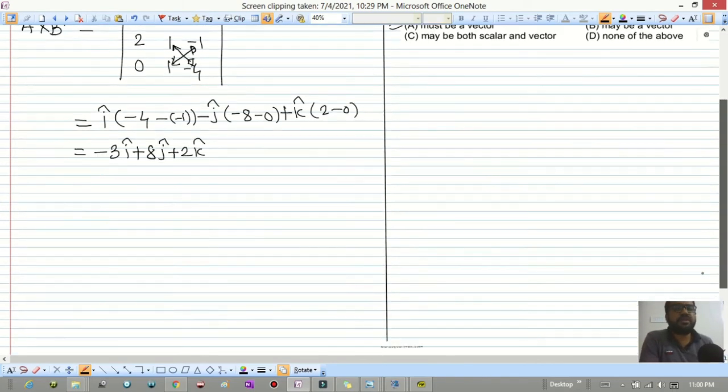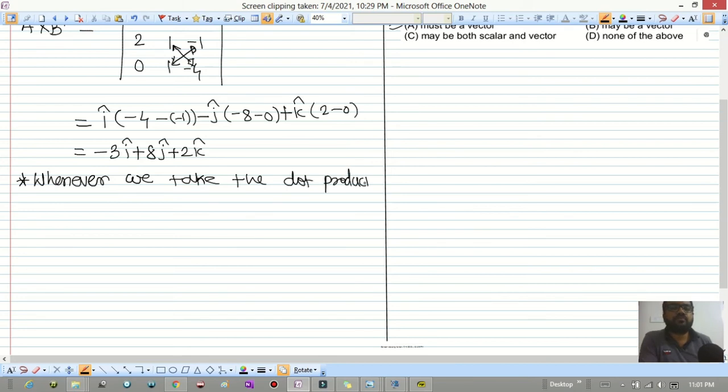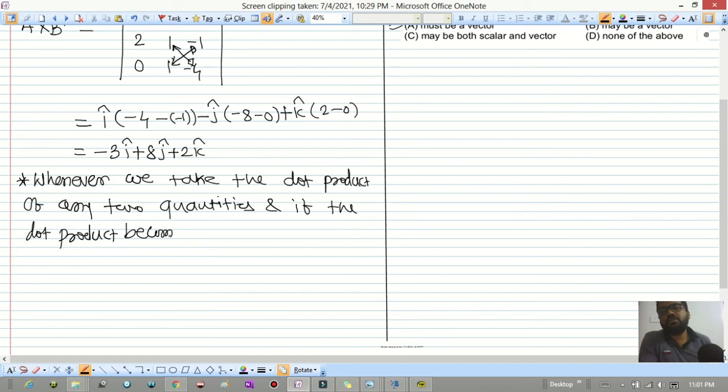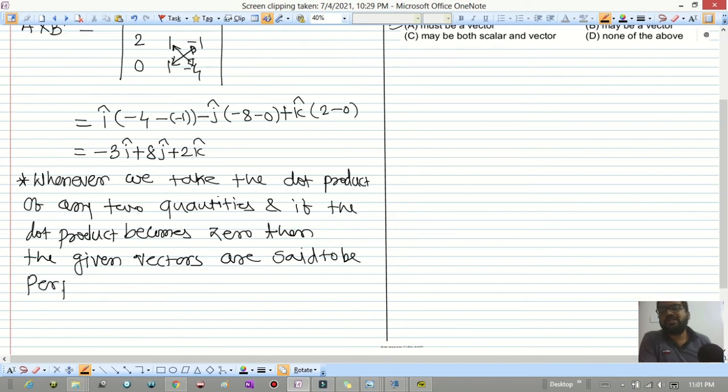Whenever we take the dot product of any two quantities, and if the dot product becomes 0, then the given vectors are said to be perpendicular. So this statement you have to remember.